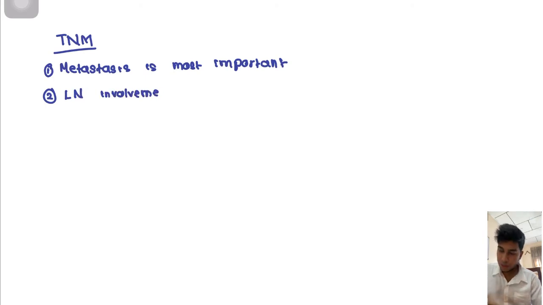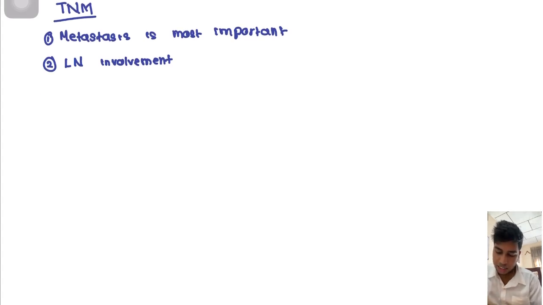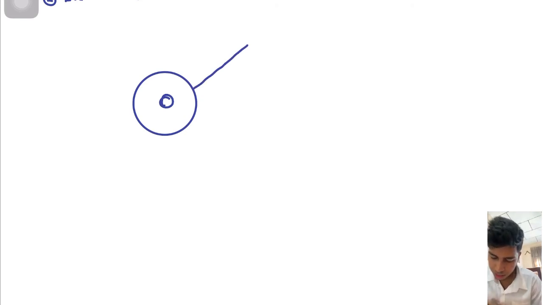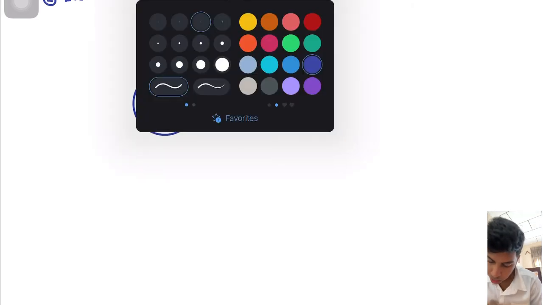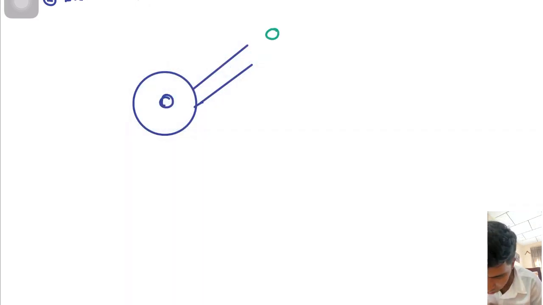So how do you do this? You do it with a technique called sentinel lymph node biopsy. How do you do that? You have the breast here, and we have its drainage to the axillary lymph nodes. One thing you need to know is that the axillary lymph nodes are present as layers.